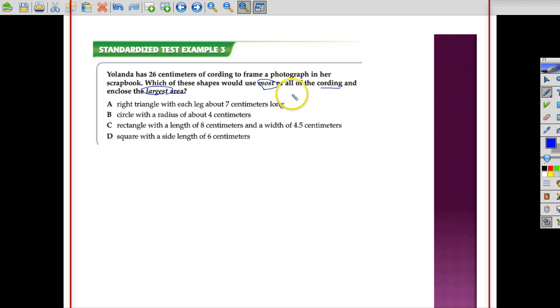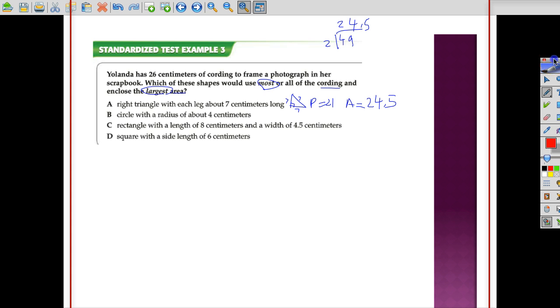The perimeter would be 7 plus 7 plus 7, which is 21. The area would be 7 times 7 divided by 2, so 49 divided by 2, which is 24.5.